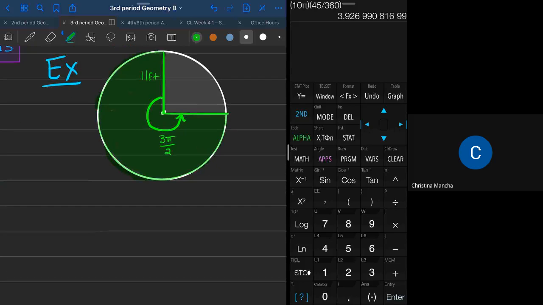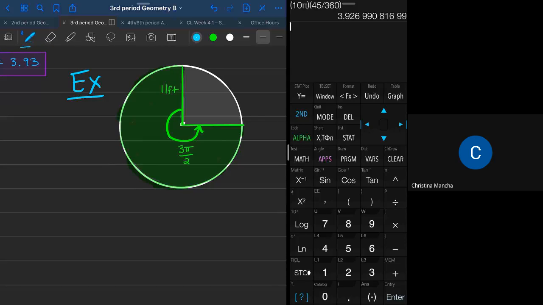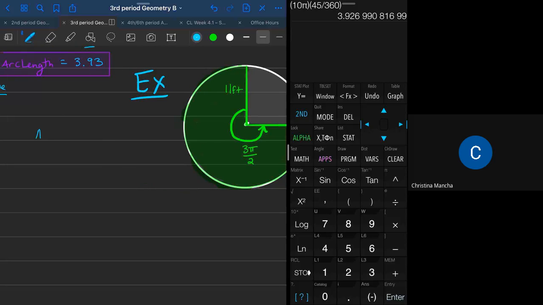So here, I'm going to say area of sector divided by area of circle equals central angle divided by, and this time instead of 360, we're going to use 2 pi as our measurement of the full circle.